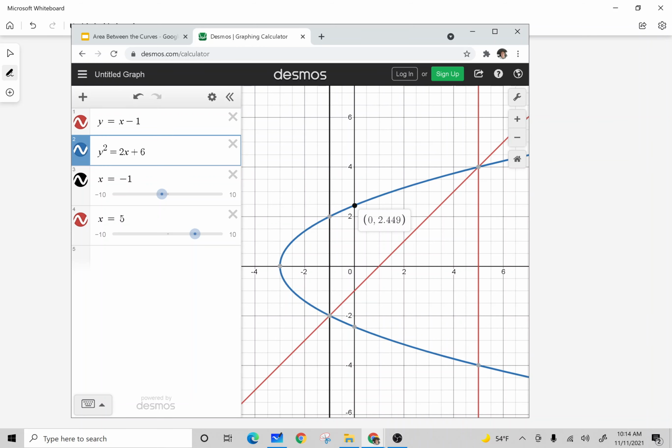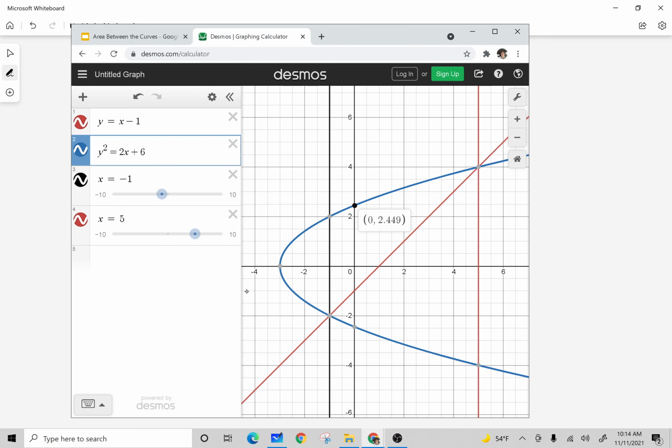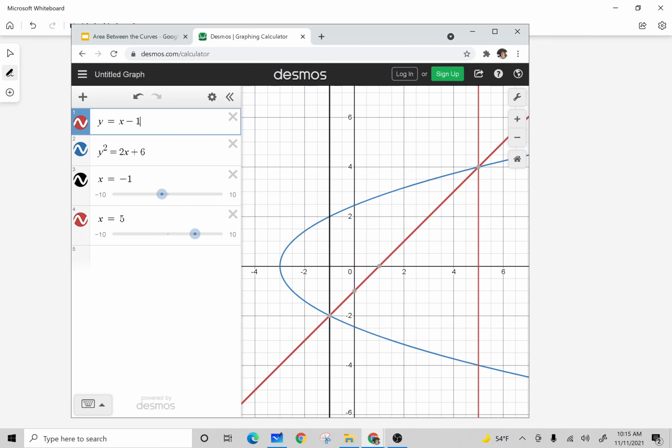Okay, so if this was sideways, we can even use these new equations if you'd like. We do have to solve for x, so this other equation is going to be y is equal to x minus 1. That's going to turn this into x is equal to y plus 1. Okay, and so let's graph those two equations, and you can kind of see right away. x is equal to y plus 1.